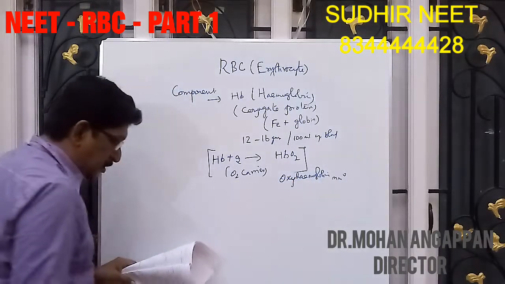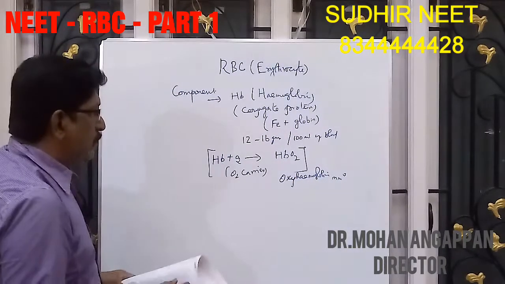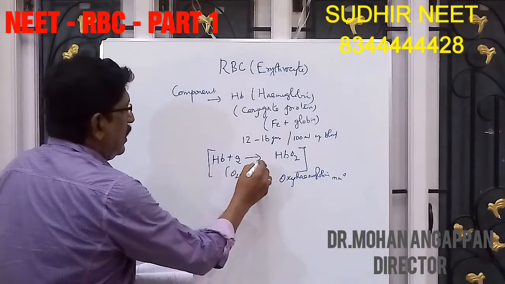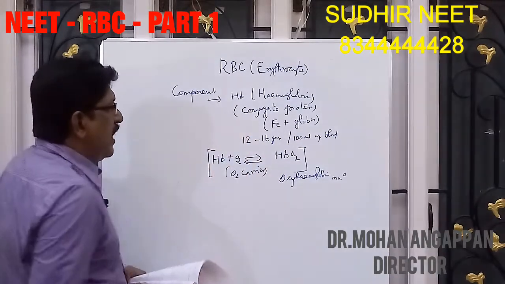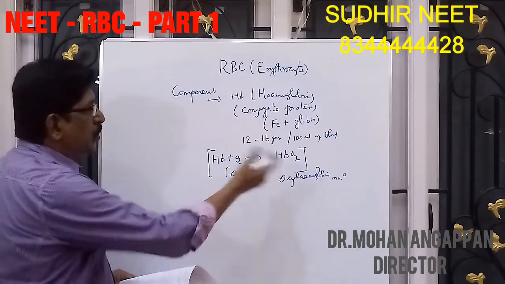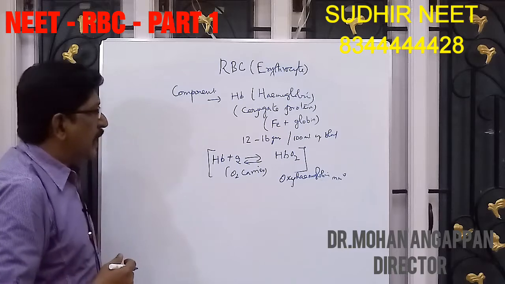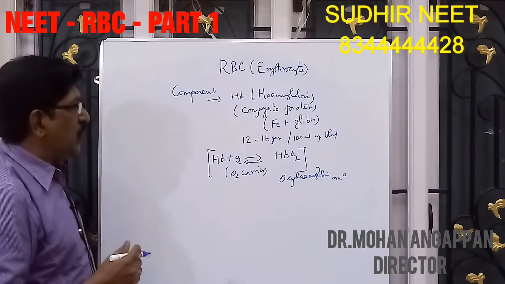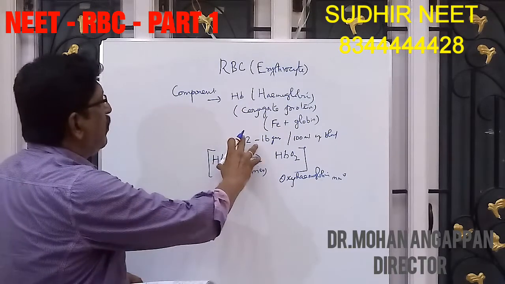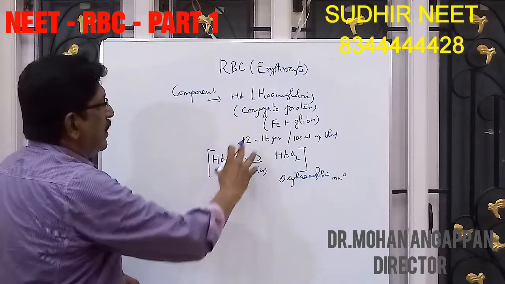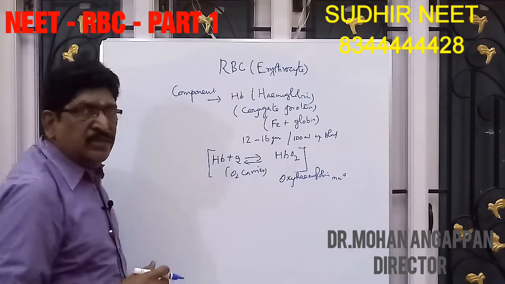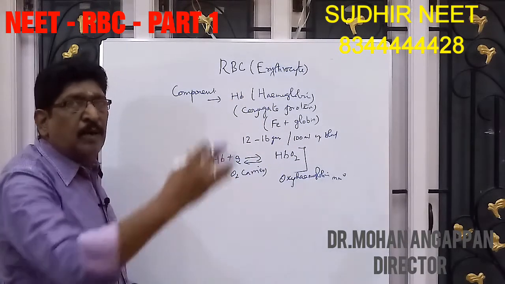So it combines with oxygen and forms oxyhemoglobin. It is a reversible reaction, and the HbO2 dissociates to form Hb and O2, hemoglobin and oxygen. So the main function of hemoglobin is to carry oxygen by our blood to all parts of the body.